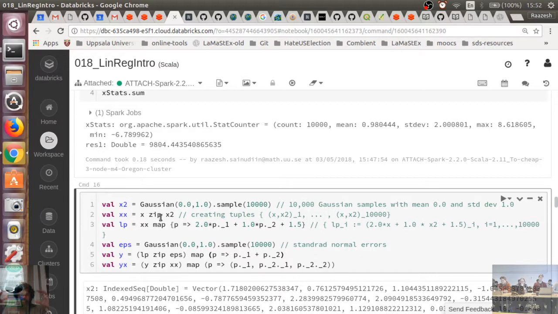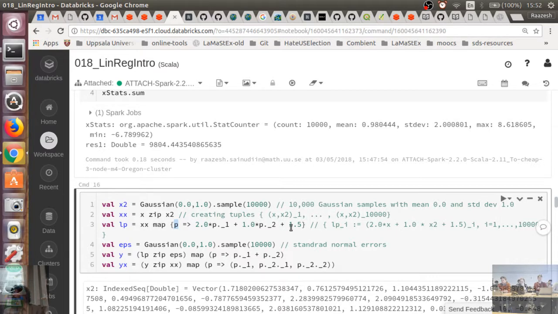The zip makes it a tuple. Then I'm mapping each point, whatever is coming in, p will be my tuple now: the first element I multiply by 2, the second element I multiply by 1, and then I add 1.5. Why? Because this is my intercept.